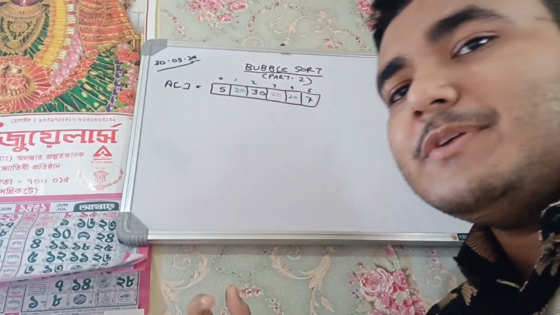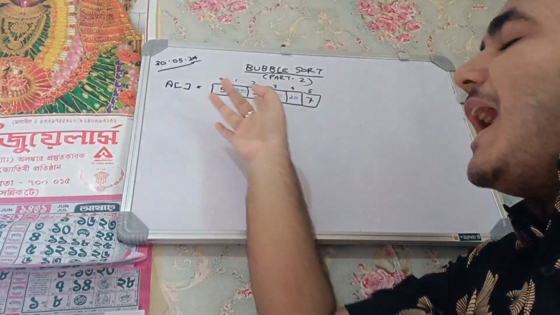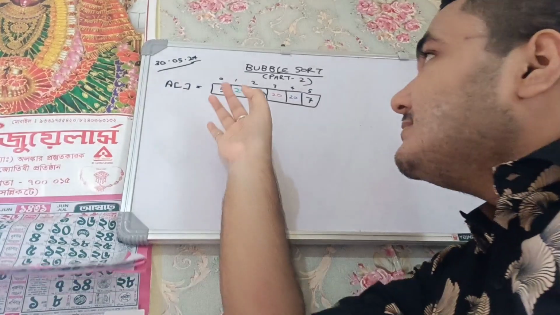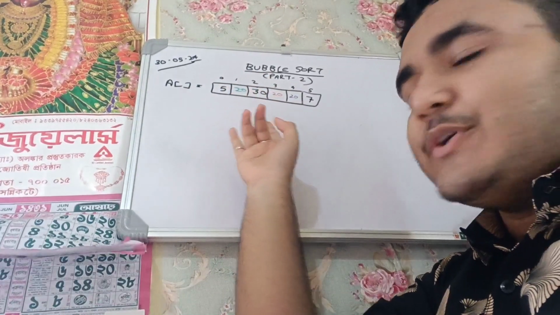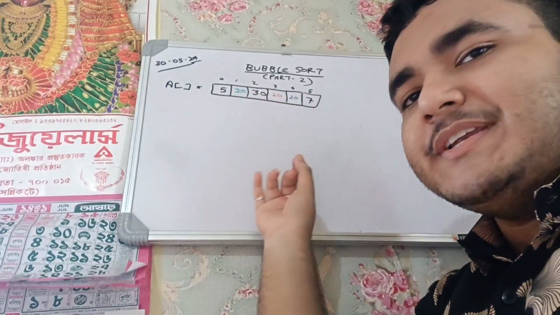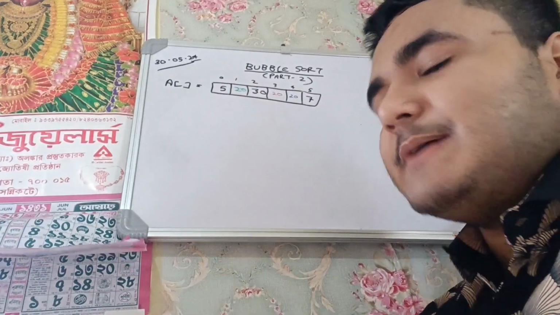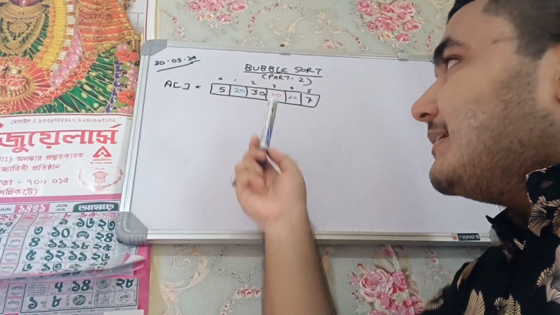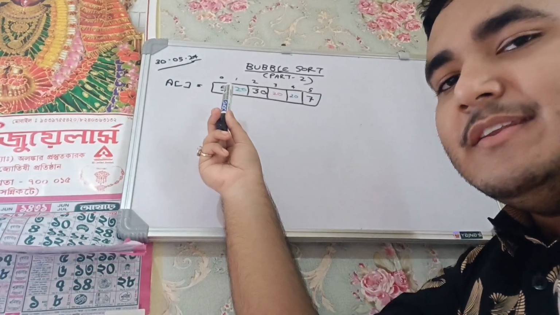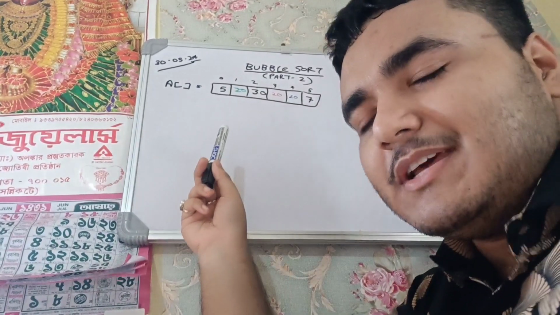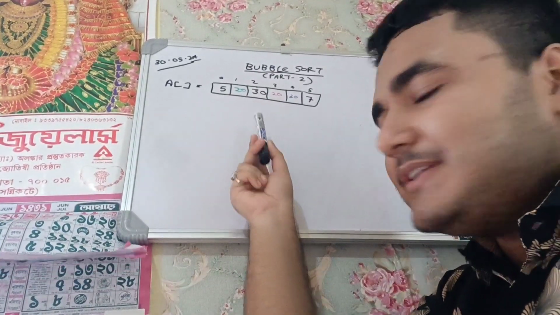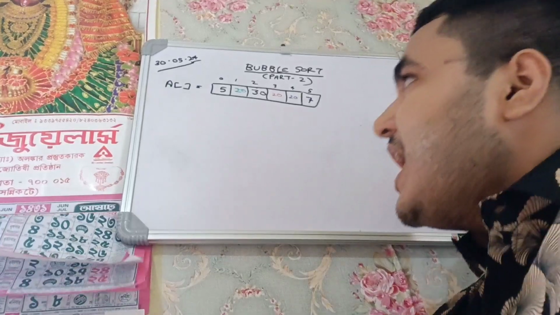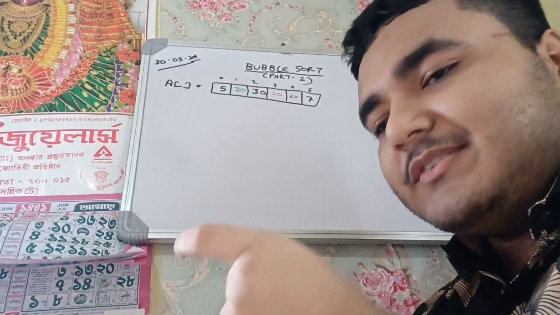Now what does stability mean? By stability we mean that even after sorting, the order of these three 20s should remain stable. Like here in the unsorted array, the original array, we have green 20 first, then red 20, then blue 20.